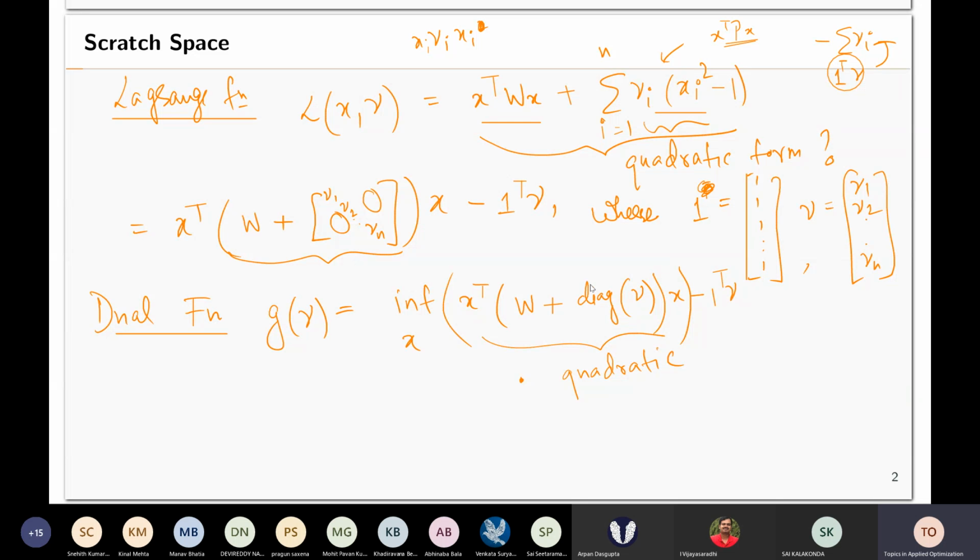So if this guy is positive definite, then the minimum value is going to be 0. Right, because if this guy is positive definite, then the minimum value is going to be 0. So the infimum of a quadratic function is 0 if the P matrix, this is the P matrix, is semi-positive definite.